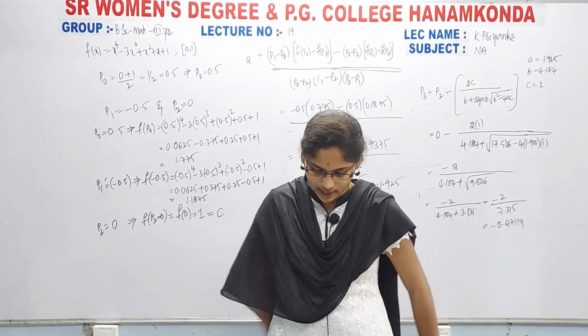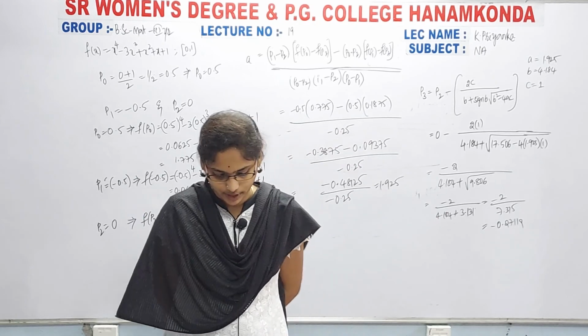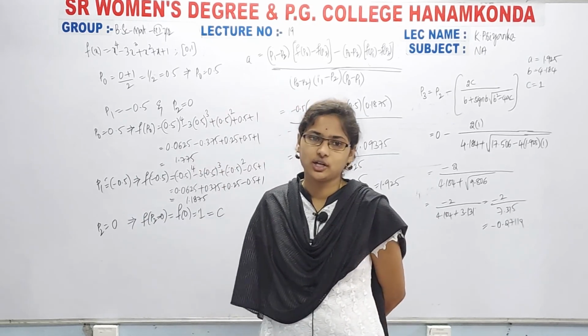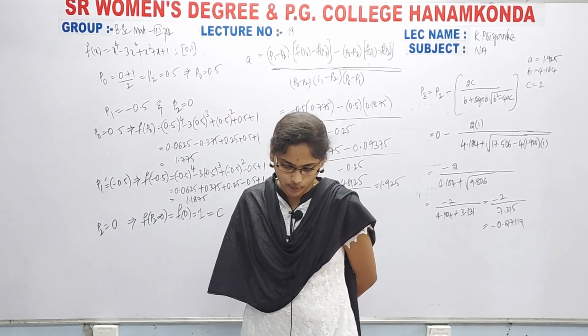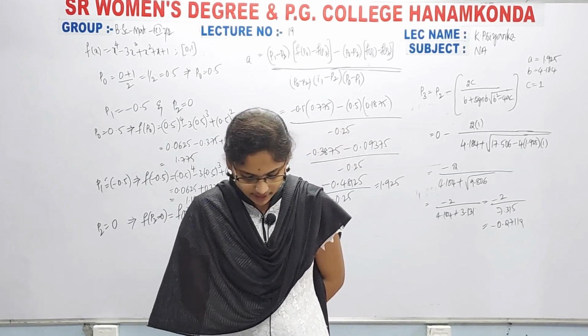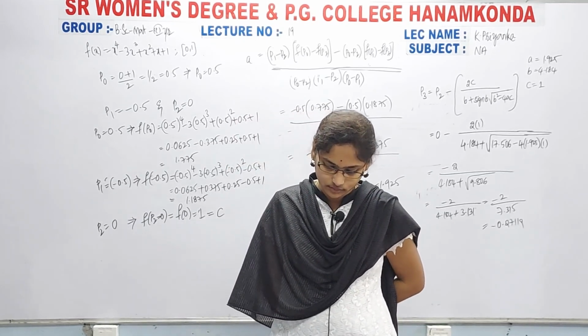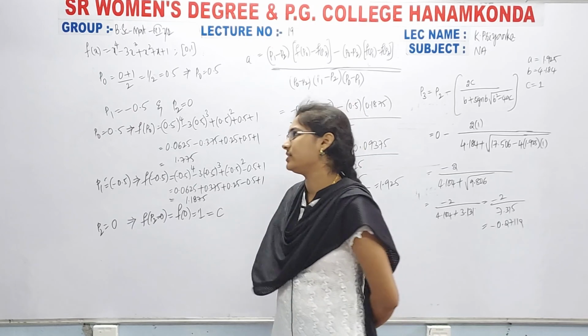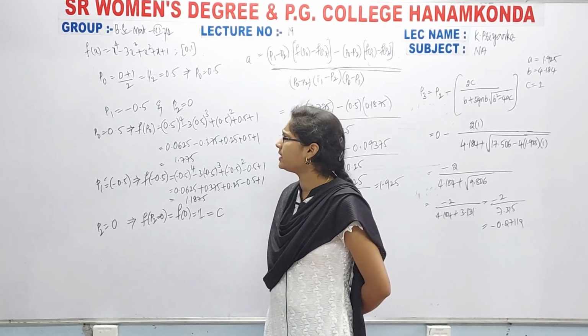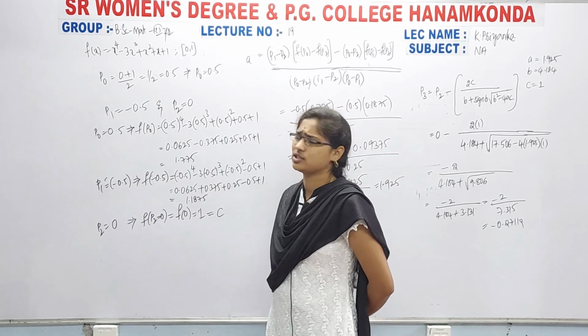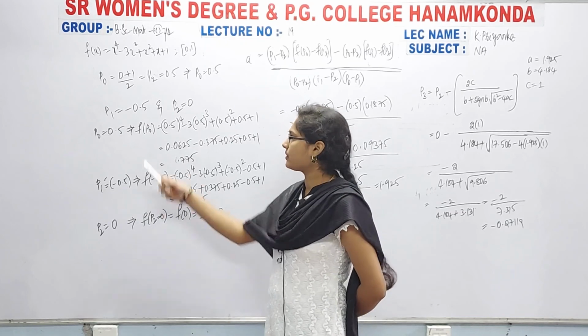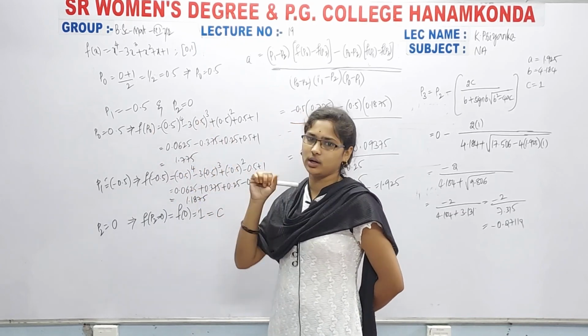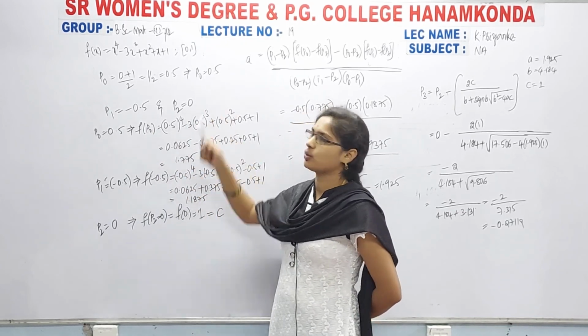Okay. So next you have to change the values of P0. Write down the next iteration: P0 equal to 0.5, P1 equal to 1, P2 equal to 1.5, taking from 0.5 to 0 minus 0.5 and plus 0.5.